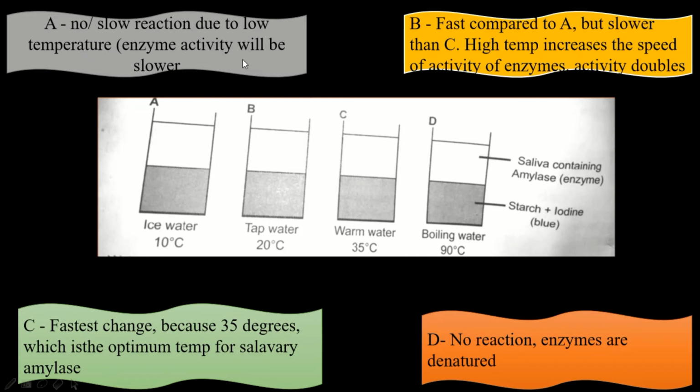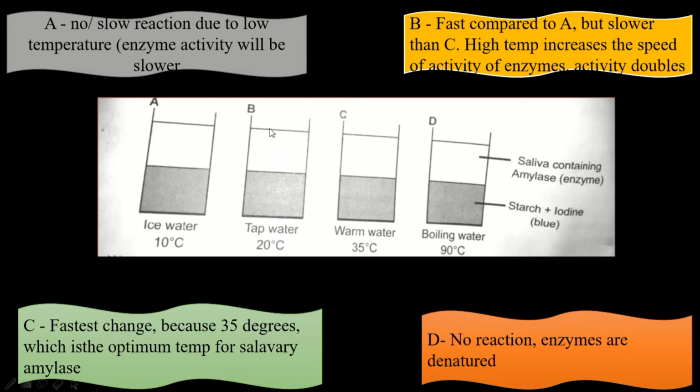Because of this very low temperature, the activities of our enzymes tend to be slow, or rather our enzymes are inactive, they are not working. Whereas in test tube B, the reaction is faster compared to test tube A, but however, it's slow as compared to test tube C.